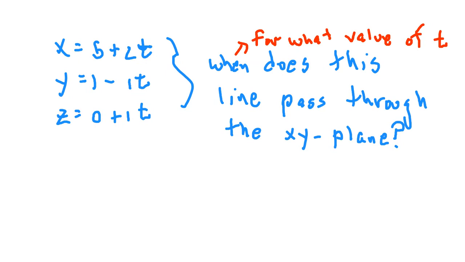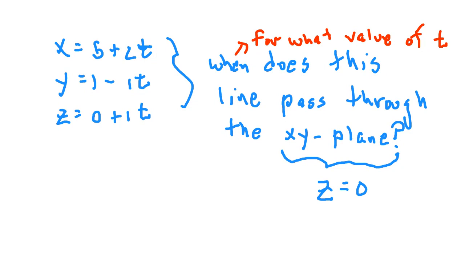So for one particular value of t, this line is going to pass through the XY plane. Now, what's another way of saying XY plane? How can we write the XY plane as an equation? That's right. Good, Yeva. Z equals 0.